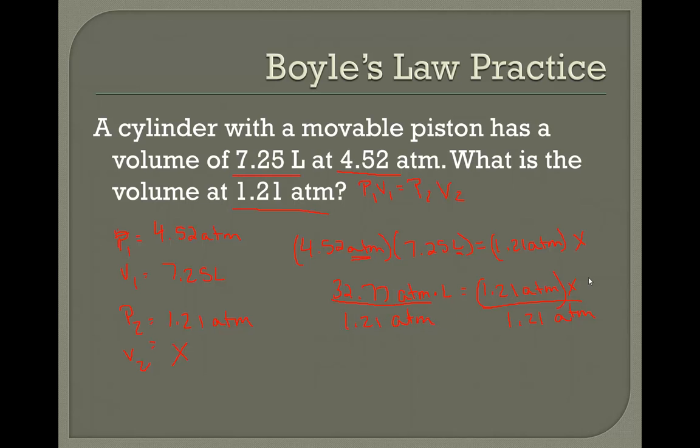The right-hand side cancels out to be x. You'll notice that the atms cancel out and we're left over with liters. So 32.77 divided by 1.21 comes out to be 27.08 liters. We want three significant figures because every one of those numbers has three sig figs. So it's going to be 27.1 liters.